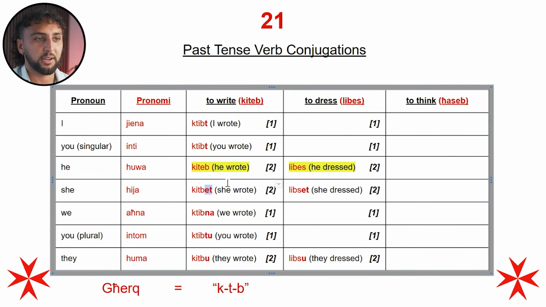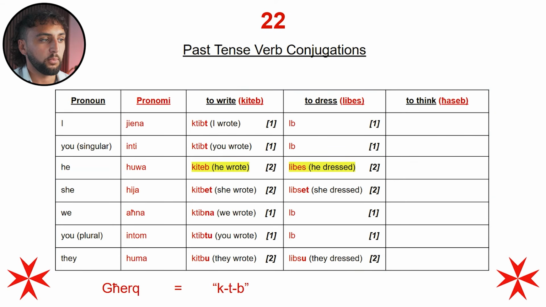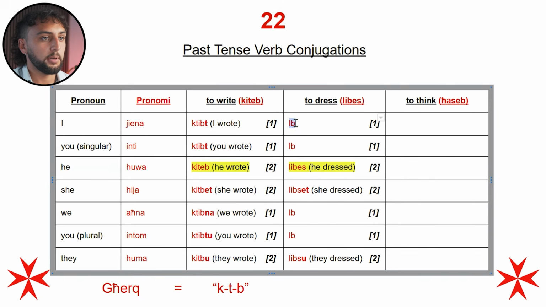Now, let's take a look at group 1, where the beginning of each conjugation is the same as the mumma, with the only difference being the fact that we eat the first vowel. So let me insert what that looks like into each of the appropriate places on the table for you. There we go. We have l-b, l-b, l-b, and l-b.